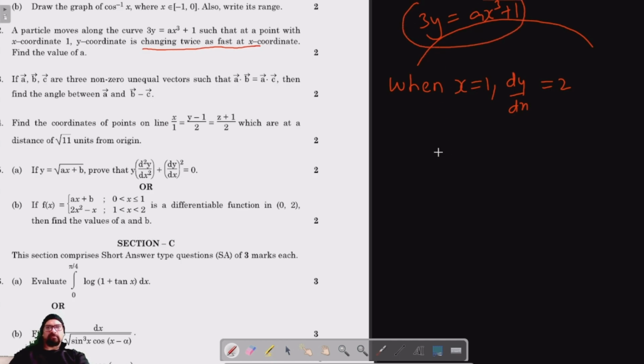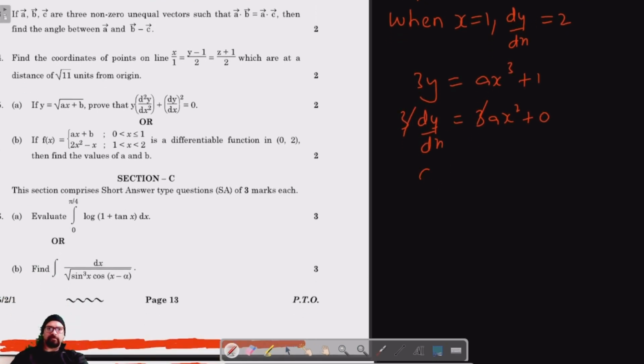Let's find out the value of dy by dx from the equation of the curve. So 3y is equal to ax cubed plus 1, and differentiating this with respect to x, we get 3 dy by dx is equal to 3ax squared plus 0. So 3 and 3 get cancelled, and dy by dx is equal to ax squared.